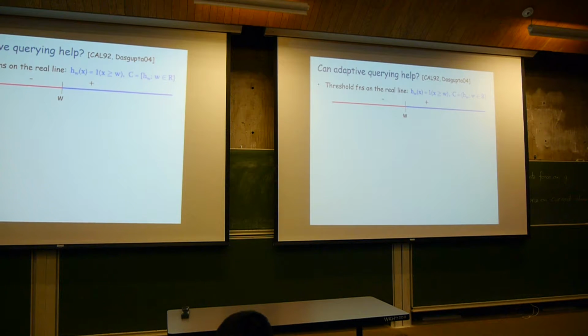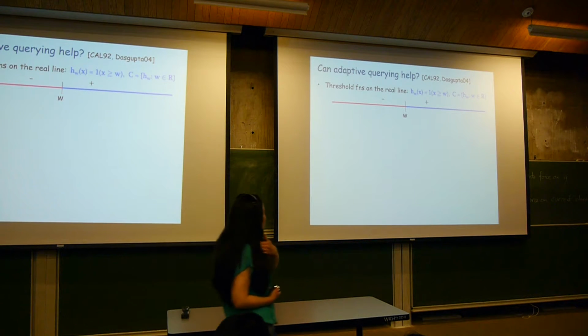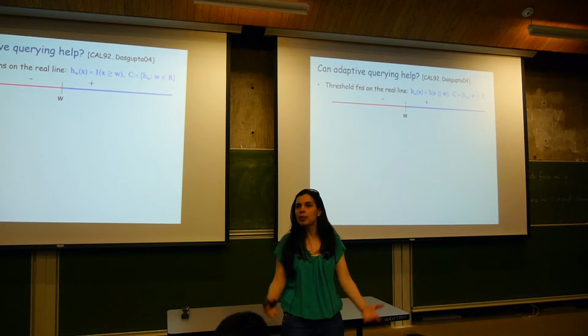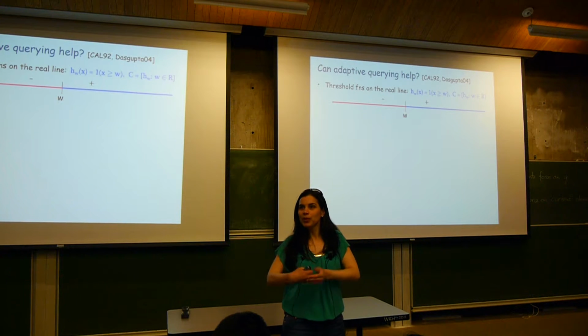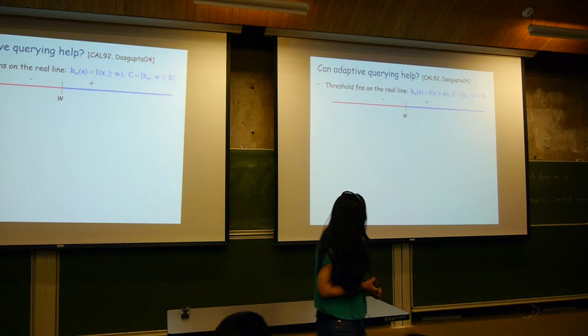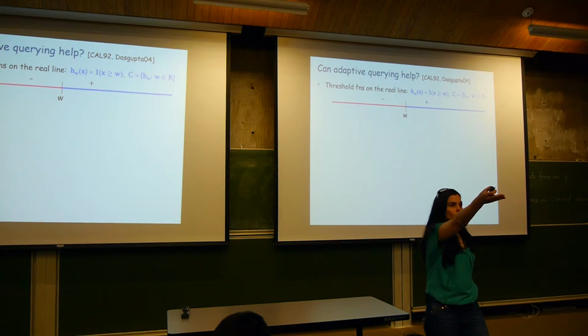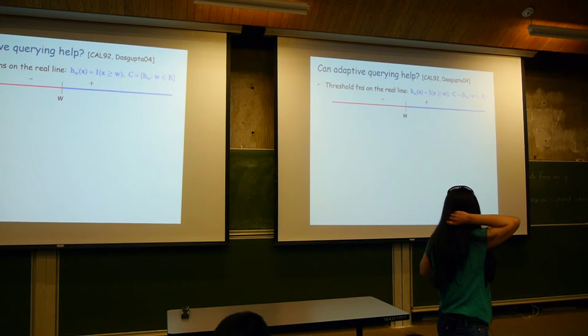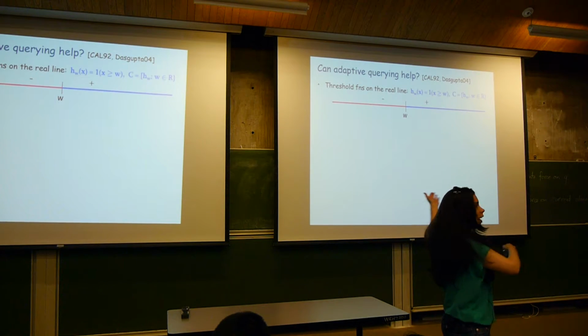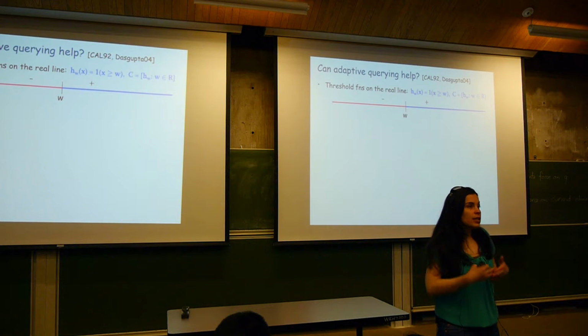And yes, this example has been known for a long time. Sanjoy Dasgupta wrote it nicely in a paper in 2004. Let's assume it's a toy example, but it makes the point that active learning can sometimes provide drastic benefits. Our assumption about the world is that the instance space is the real line. I have just one feature. And let's assume that I believe the target function is a threshold function.